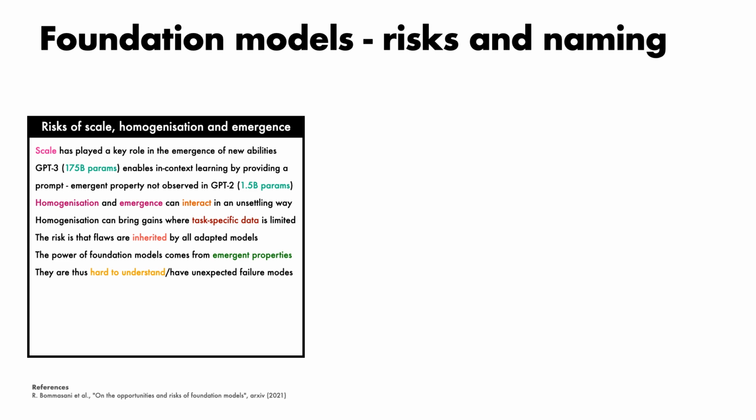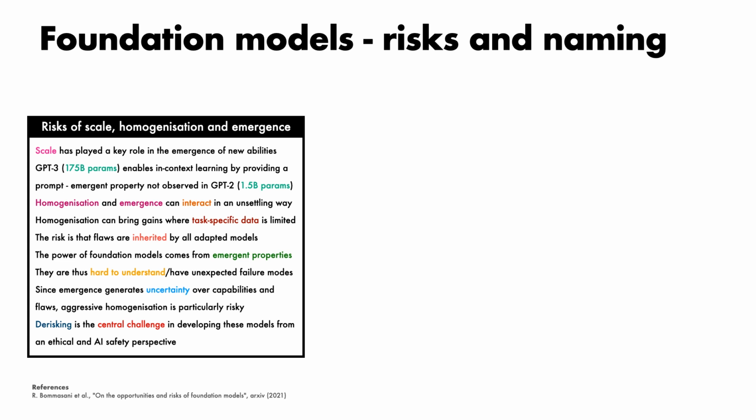It therefore perhaps goes without saying that since emergence generates significant uncertainty about what the true capabilities and flaws of foundation models are, a strategy of aggressive homogenization in which everyone builds on the same model is particularly risky. In fact, the authors of this work suggest that de-risking is the central challenge in developing foundation models from an ethical and AI safety viewpoint.